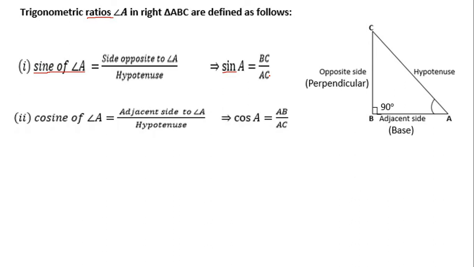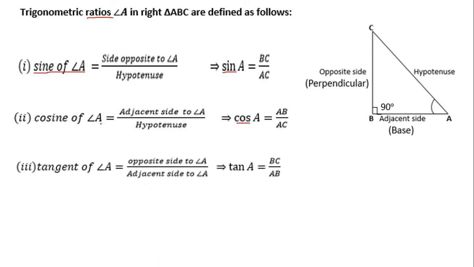Next I would like to define cosine of angle A. Cosine of angle A is defined as the adjacent side of angle A divided by the hypotenuse. For angle A, the adjacent side is AB and the hypotenuse is AC. So cosine of angle A will be AB by AC. This is cos, the abbreviation for cosine of angle A.